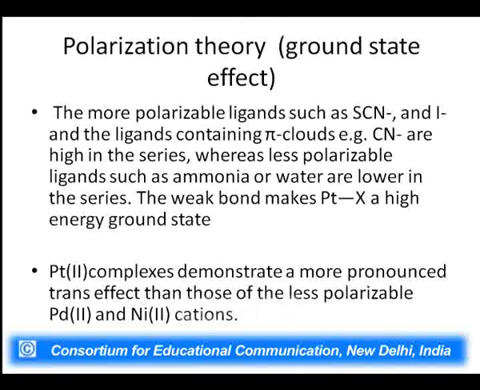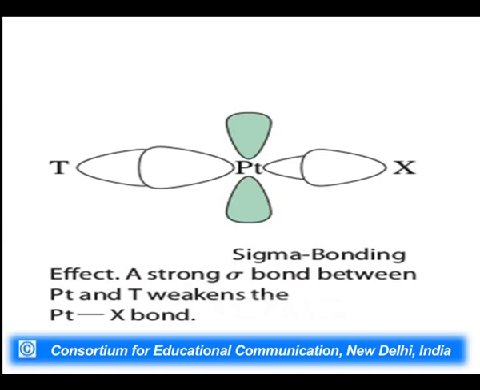How do they weaken the bond trans to them, the metal ligand bond that is trans to them, in the ground state? In this case, this is the trans ligand; the platinum to this ligand bond strength is more, and as a result the bond between platinum and the ligand that is trans to it is weakened.